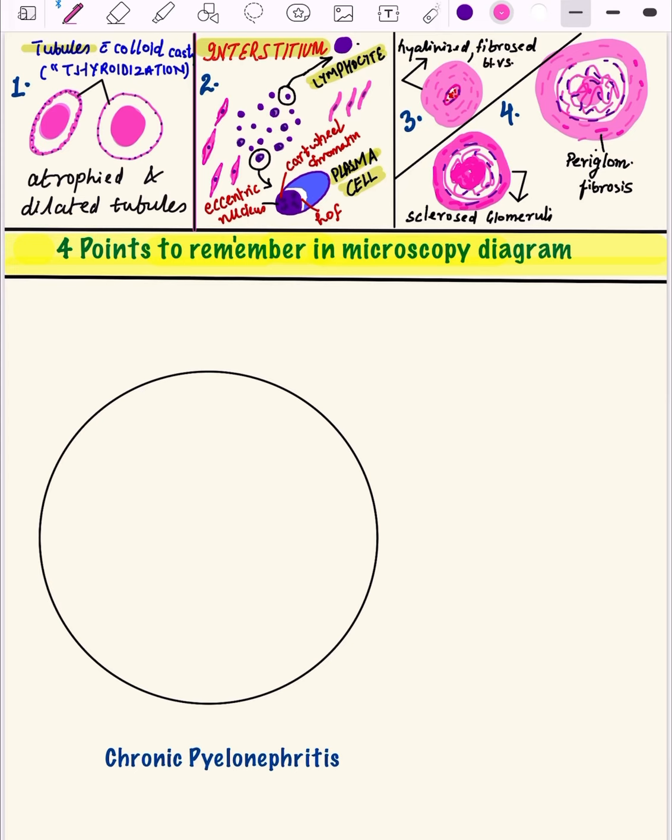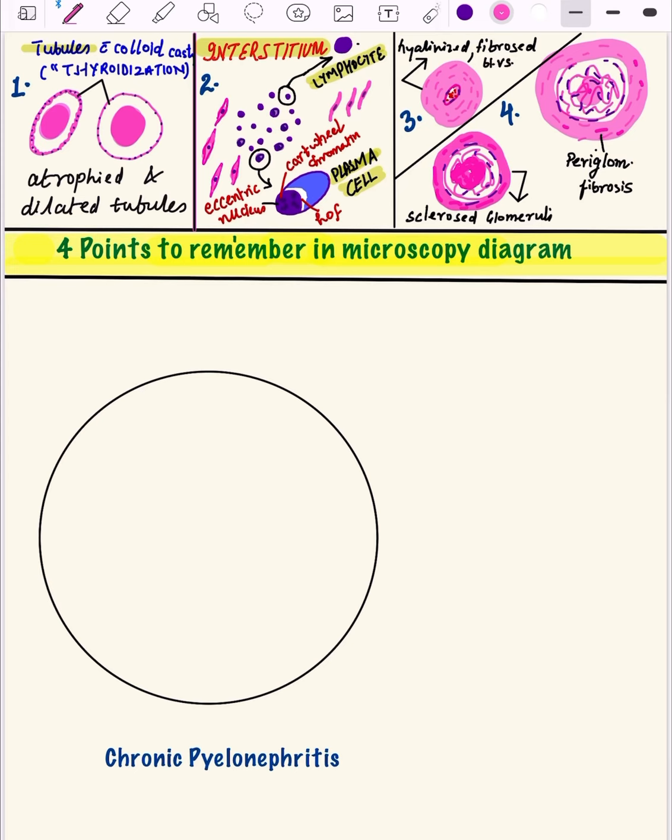And thirdly, the blood vessels are obliterated, and there is fibrosis around the blood vessel and hyalinization around the blood vessels. So you have to make these blood vessels in the interstitium. And lastly, the glomeruli. In the early stages, the glomeruli are uninvolved, but in the late stages, the glomeruli show fibrosis around them. That is known as periglomerular fibrosis.